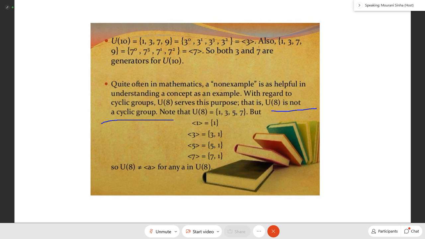The generators of U10 are given. I think I gave you one question in the assignment. Question number, oh no, U8 is not cyclic and U9 is cyclic, not U10. Okay, I think you already have U9 also somewhere, so find out. So here U8 is not cyclic, as given, and U10 is cyclic.